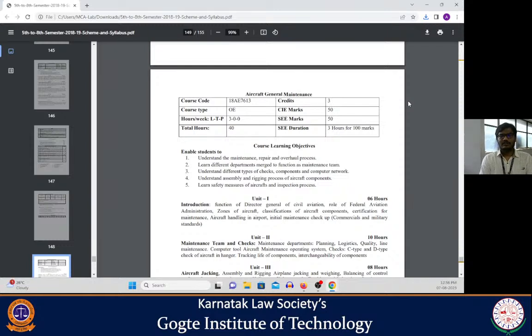Last year approximately 66 students joined from different departments.